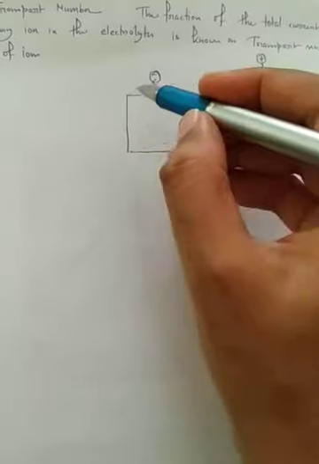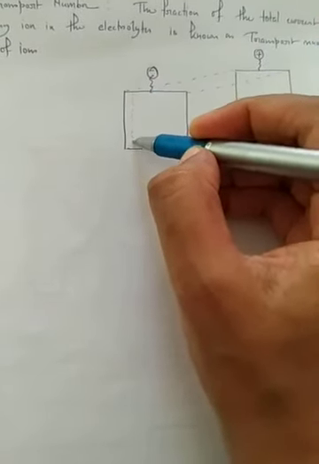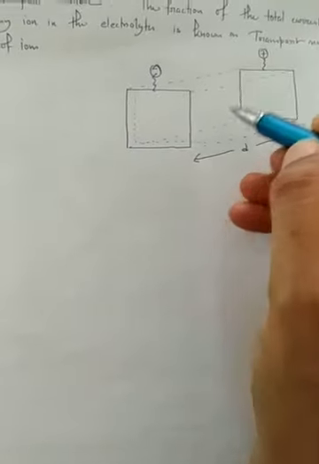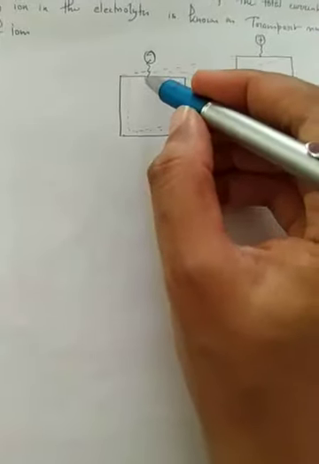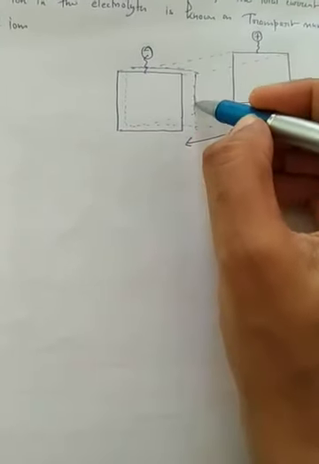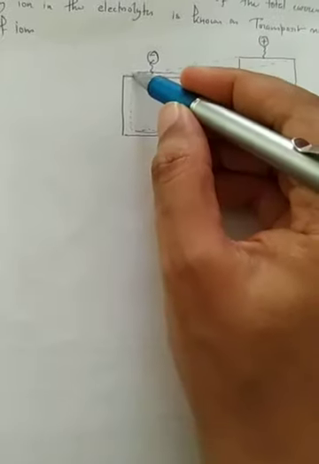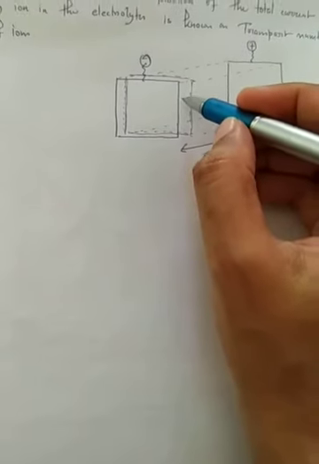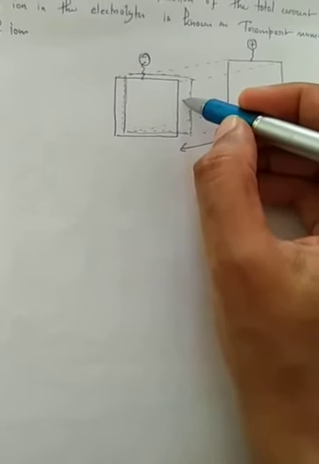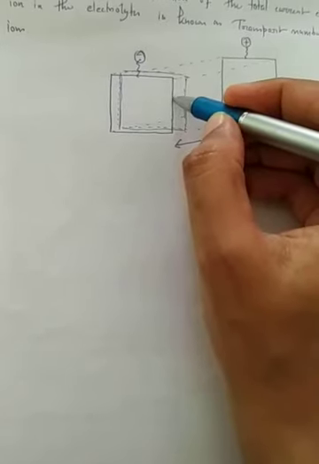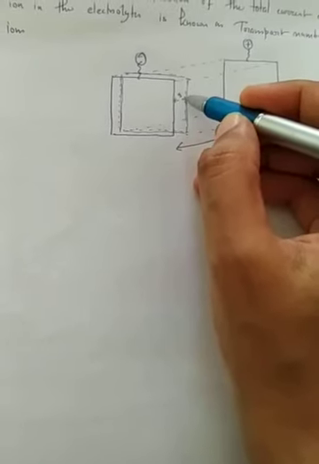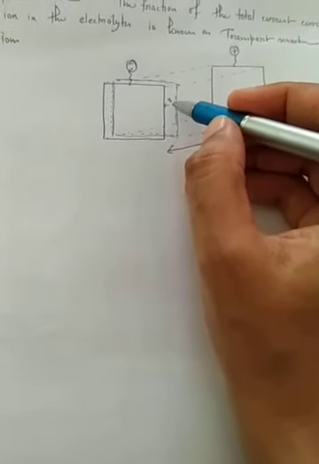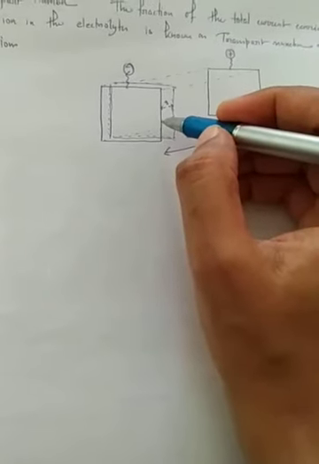Now let us draw a plane like this. Suppose this plane is V plus distance away from the cathode.